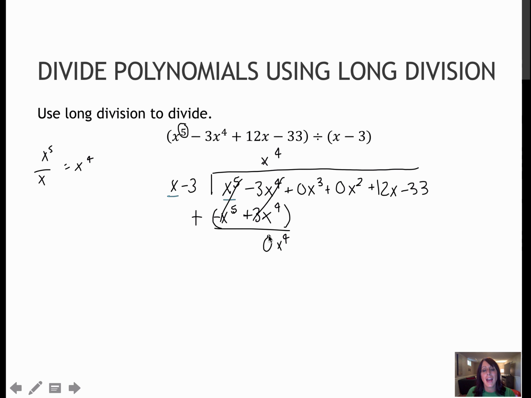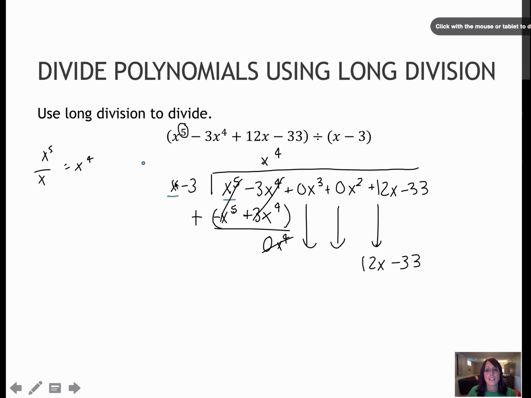And so if I had a term here, I would go ahead and bring down that 0 just as a placeholder. But now I'm going to go all the way out here, and I'm going to look at bringing down my 12x minus 33. I'm going to bring down both terms, which normally I wouldn't do, only because I ended up with all of these zeros, which meant I would sort of get to start over.